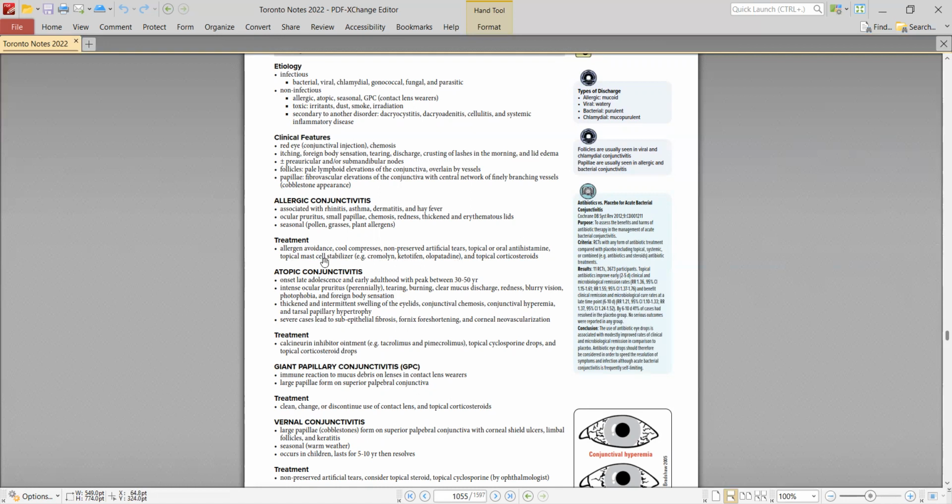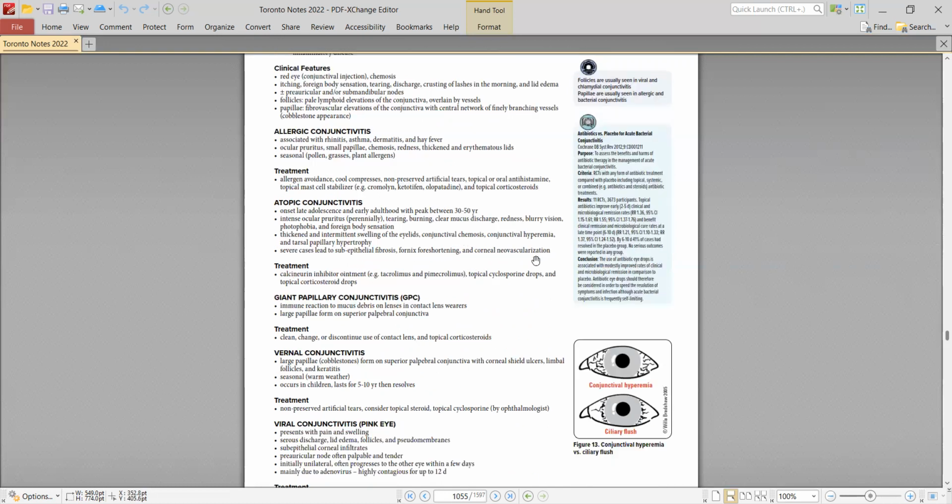These are topical eye drop forms of mast cell stabilizers, topical corticosteroids. You just have to remember antihistaminics, cool compress, topical mast cell stabilizer, topical corticosteroids.